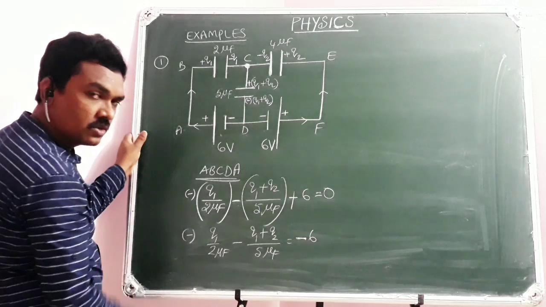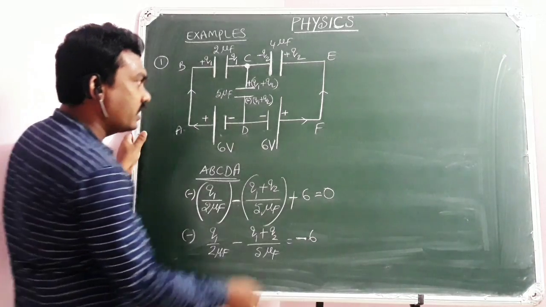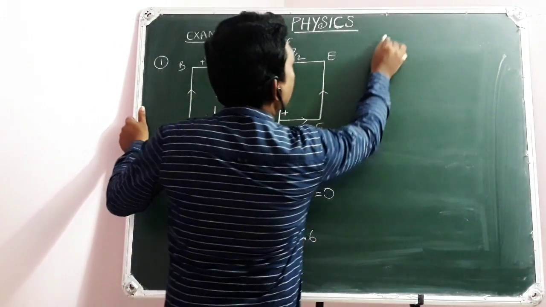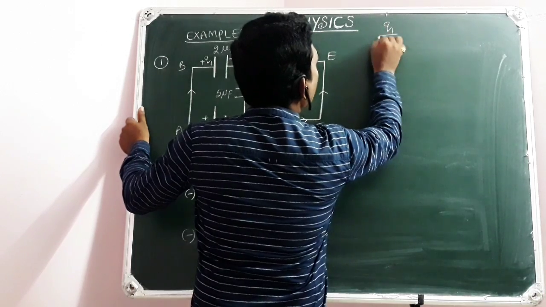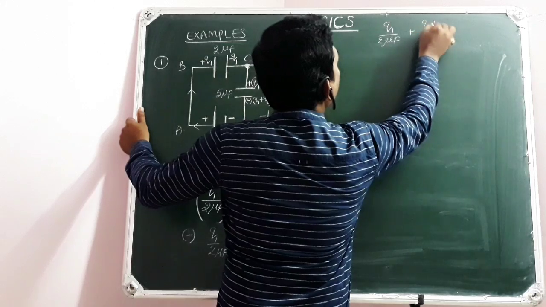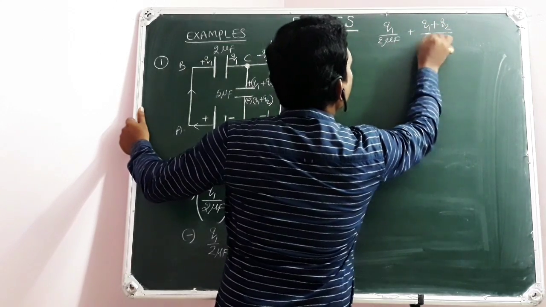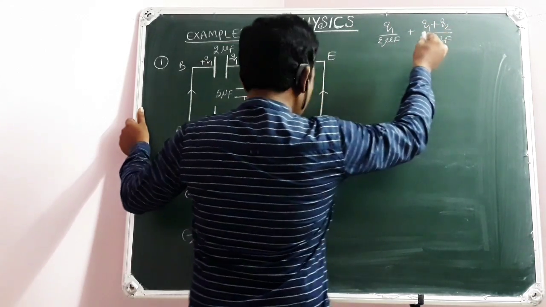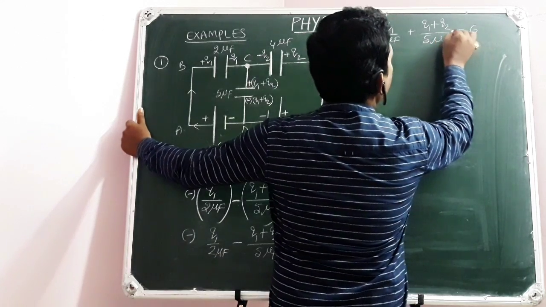This minus can cancel throughout the equation. So your equation is now Q1 by 2 microfarad plus Q1 plus Q2 by 5 microfarad equal to 6.